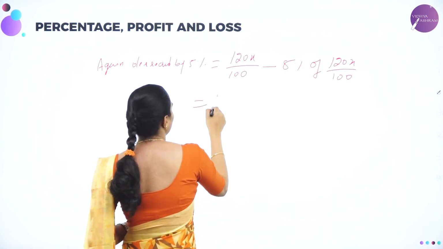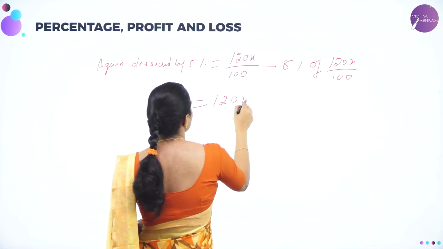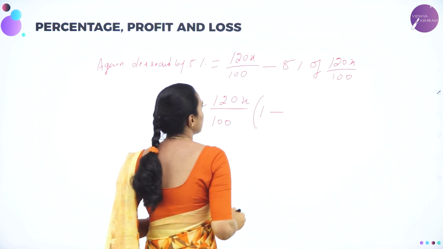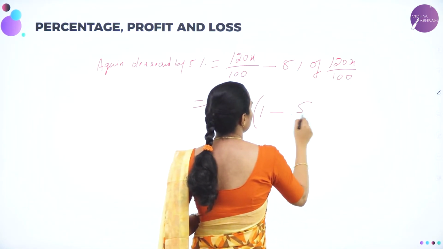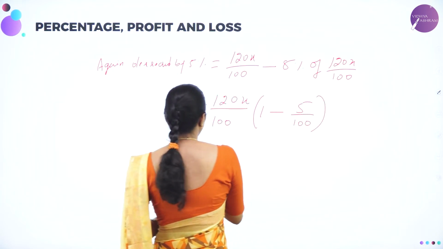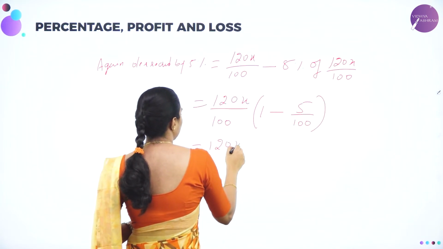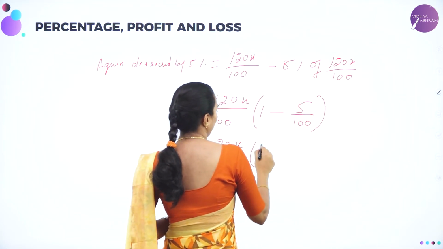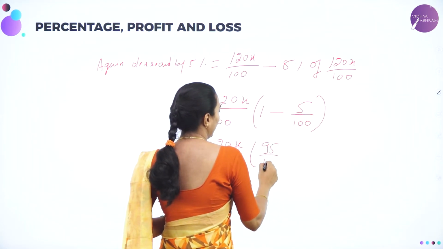Now you can calculate this. 120X divided by 100, you can take common, 1 minus 5%, which is 5 divided by 100. Therefore, 120X divided by 100 into 100 minus 5 is 95 divided by 100, correct?